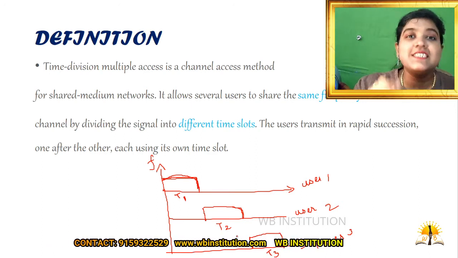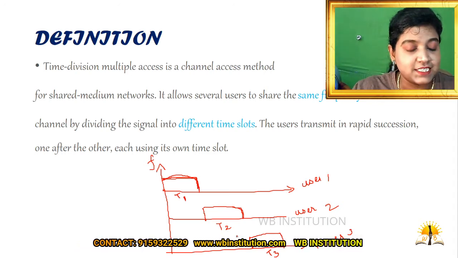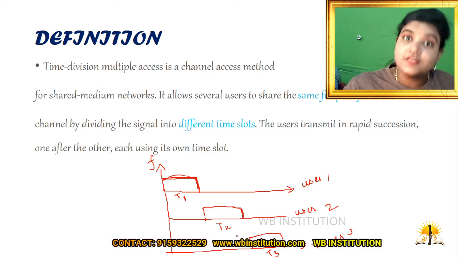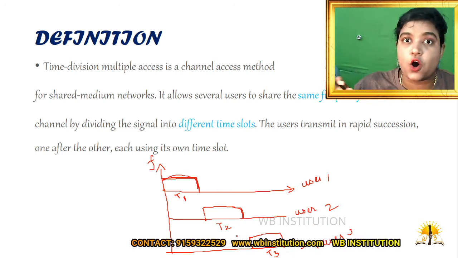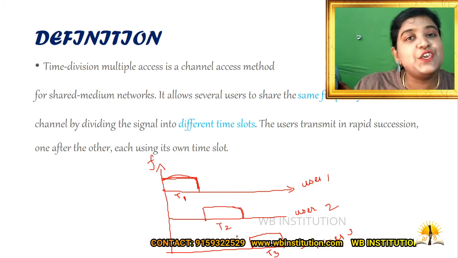Got it? This is the uniqueness of time division multiple access compared with frequency division. In frequency division, the frequencies are unique, right? But here the frequency is common, and it is slotted according to time for the different users.